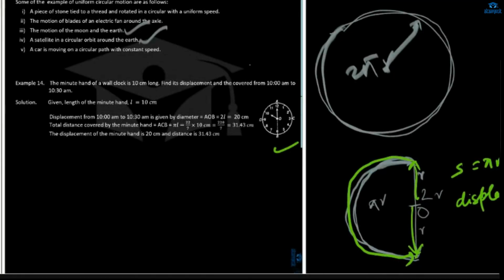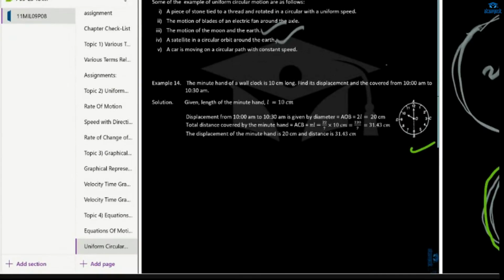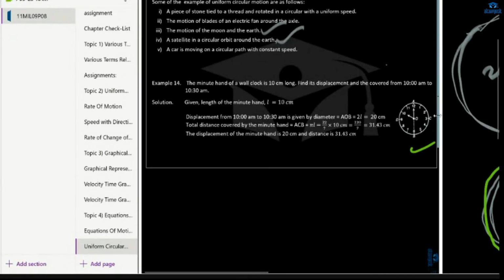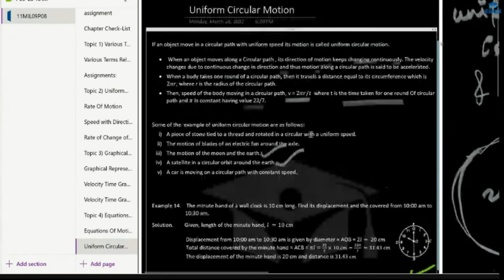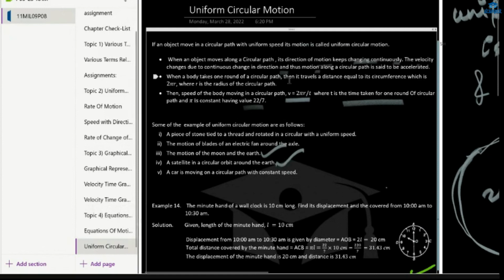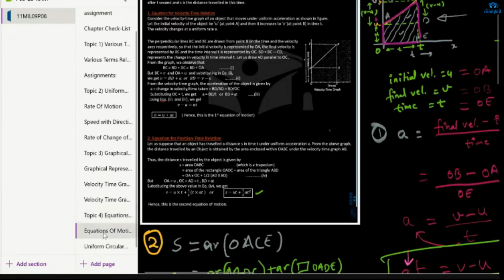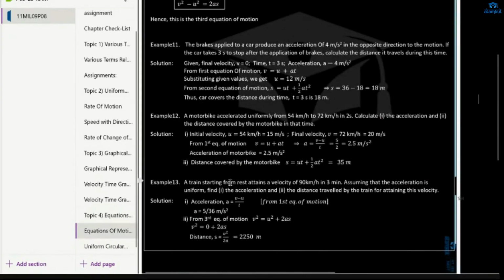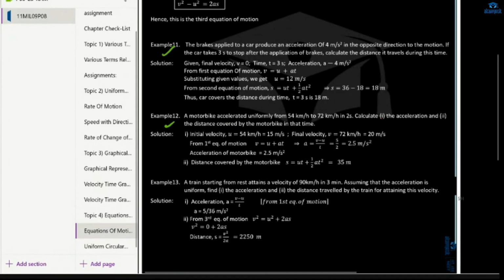So we have completed our chapter today. All we need to do now is some numericals on this. You will do some of the numericals in the assignment, and then let me know which questions you got stuck on. There are some examples in this also, Example 11, 12, 13. We'll see these examples.